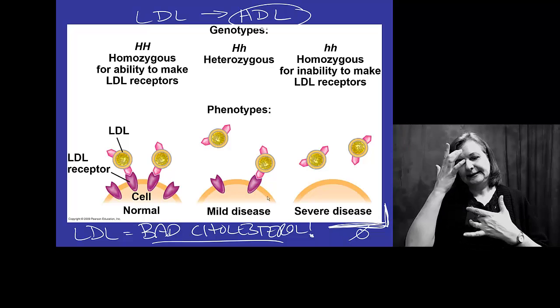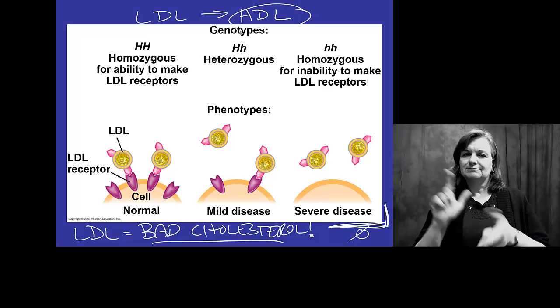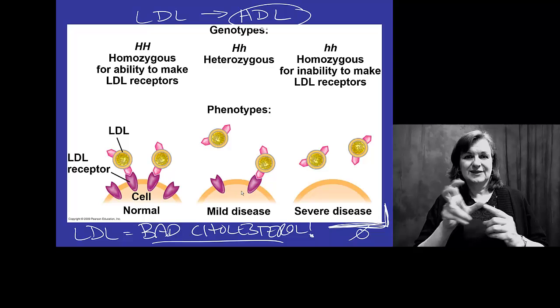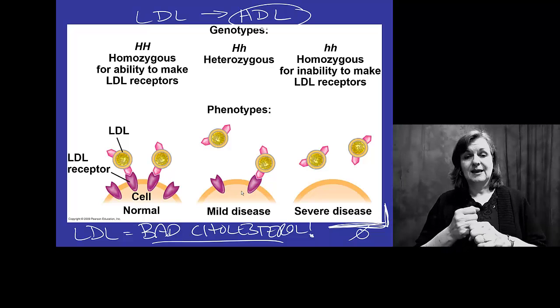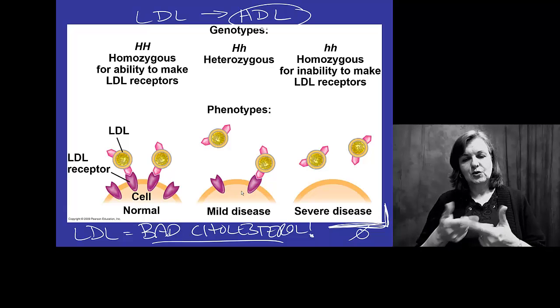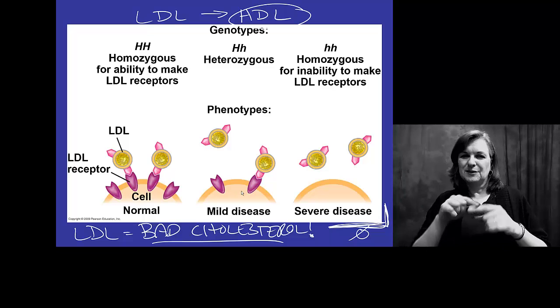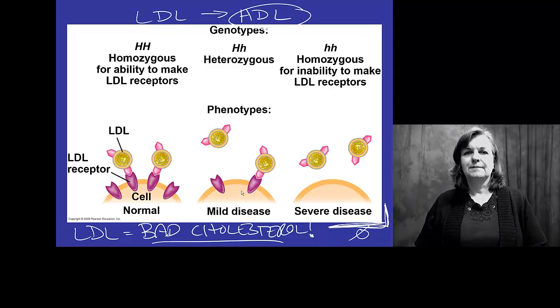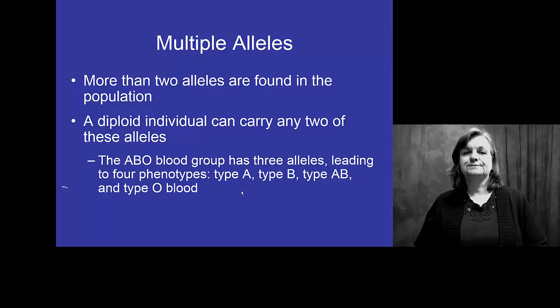But in the case of this mild form of the disease in the middle with our heterozygote, we actually have a fewer number of receptors. So receptors are proteins again, right? So if we have protein that's made in less concentration, we have fewer receptors. So we have some intermediate form of this disease. Incomplete dominance.